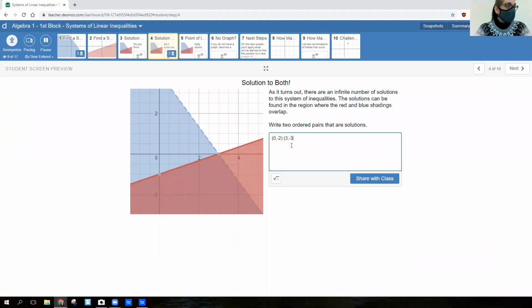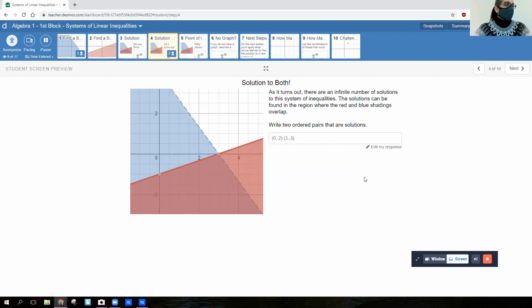So (0, -2) is right there. (3, -3) would be over 3 and down 3, which is going to be way down here. But that would be an answer. It's just we can't see it right now. If we just counted 3 blocks, that would be like 1.5 for this because we're going by 2s. But still it's correct. Okay, nice. Move to slide 5.